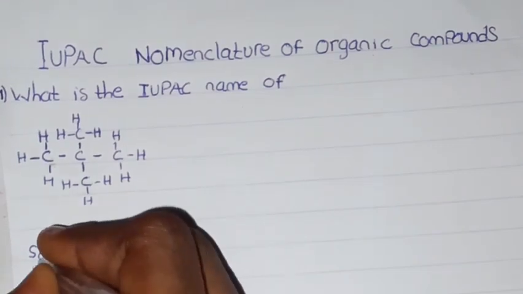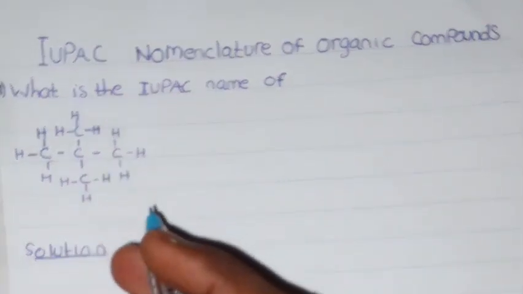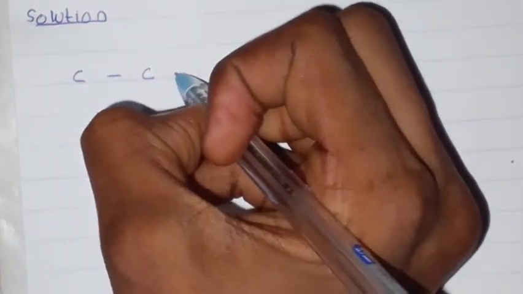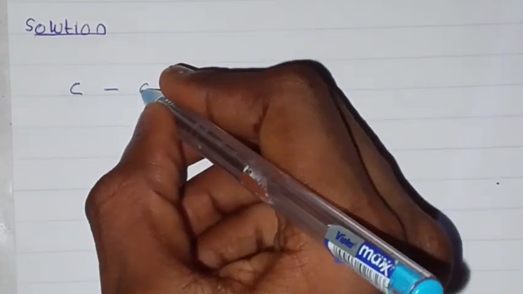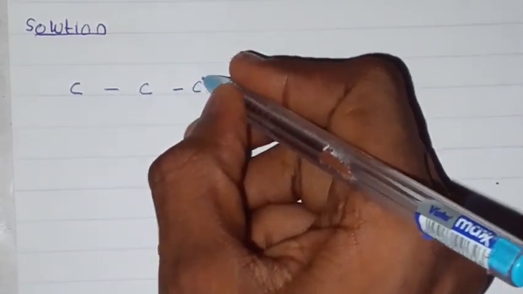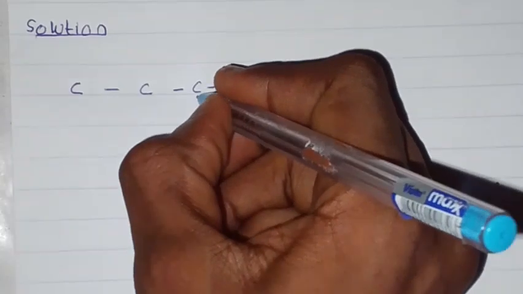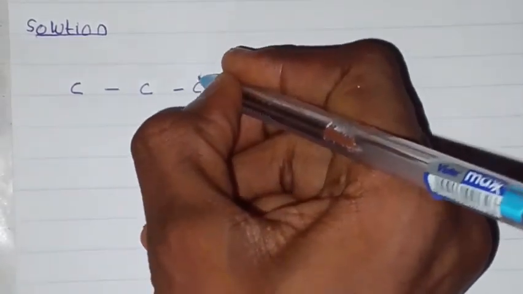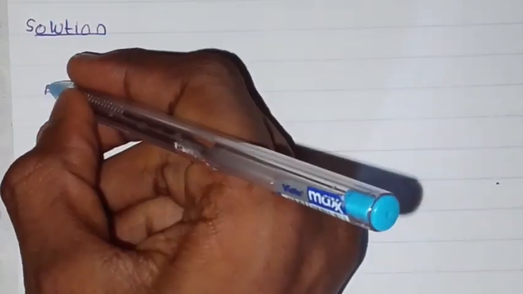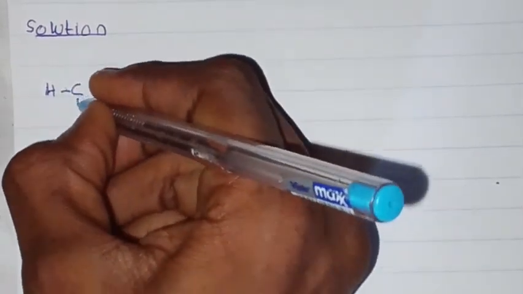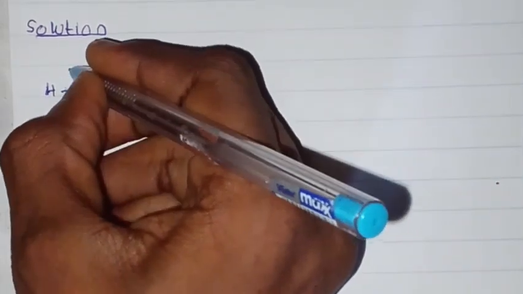Now, I don't really have to redraw this compound, but let's do it for clarity. We have a 3 carbon chain, and we have this group attached. The terminal carbon is attached to 2 other hydrogens. I'm just drawing the same thing we have in the question, enlarged.